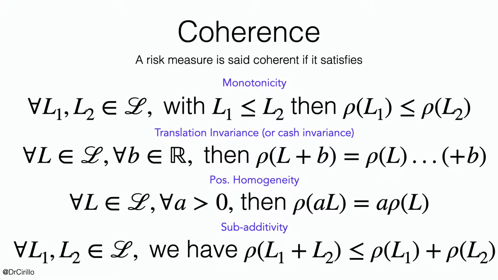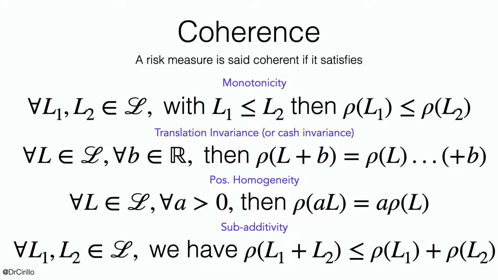So, just to summarize, monotonicity from a financial point of view means that we are able to rank risks. So we can build a ranking, and this is something that we want. Cash invariance or translation invariance means that if we add a non-risky asset to a portfolio, the risk of the portfolio should not increase. And we will see in certain situations it will also decrease.